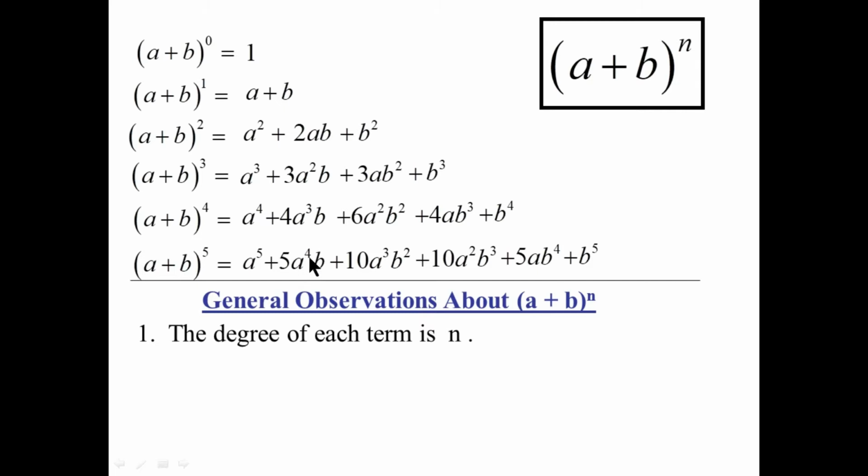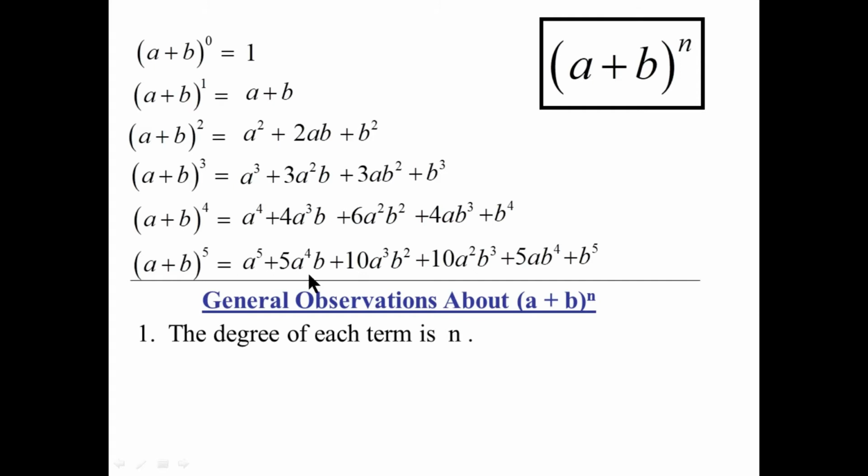The sum of the exponents on the variables is 4 plus the 1 that's on the b. That makes 5, and we note that n is 5. Take a look at this term. Add up the exponents, 2 plus 2, 4, and we notice that that's equal to 4. n is 4. So the degree of each term is always n.